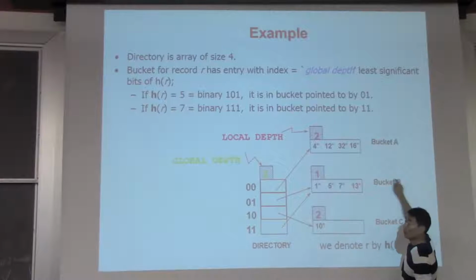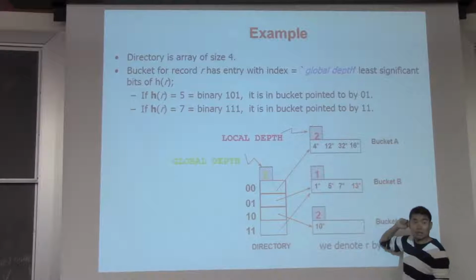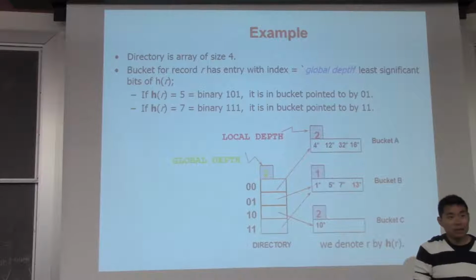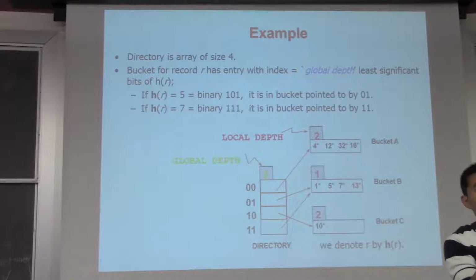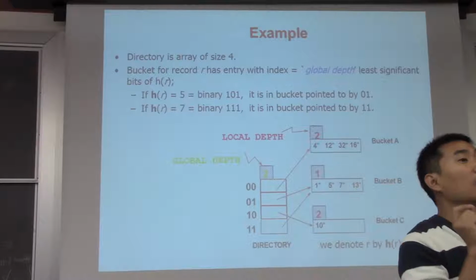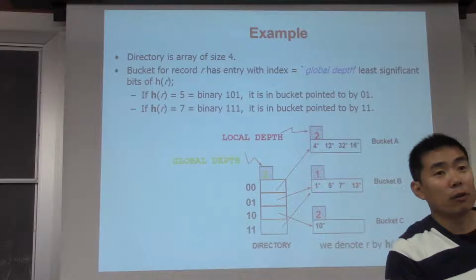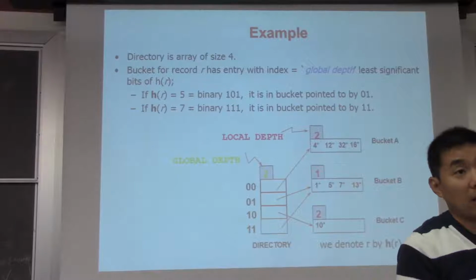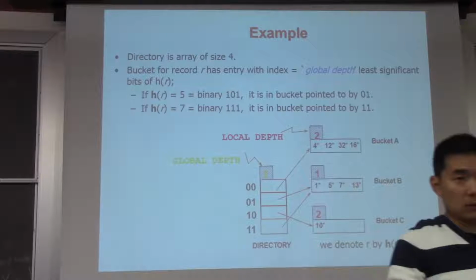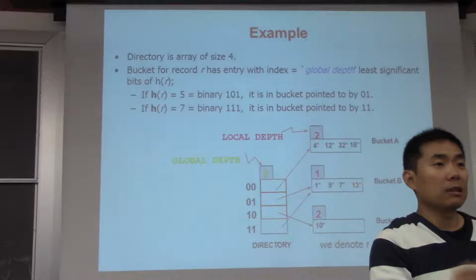I have to introduce an overflow bucket and connect it. That's exactly the problem we try to address, right? So in extendable hashing, here comes the critical part: extendable hashing doesn't allow an overflow bucket to exist at all. As soon as you have an overflow bucket, you will split that bucket.